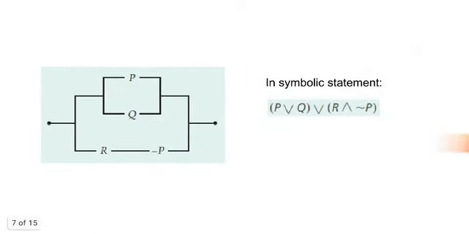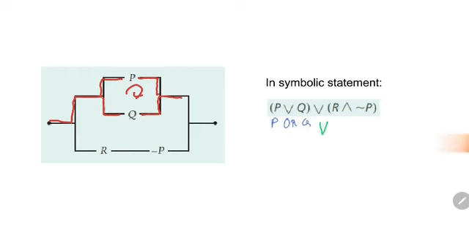How about when you have a complicated network? How will you transform that into a symbolic statement? So, P or Q. Which loop is that? Here. Essentially, what you're saying is the current can take the P switch or the Q switch, and you put that in parentheses because they are in this loop.